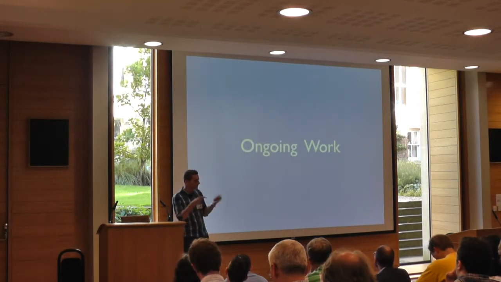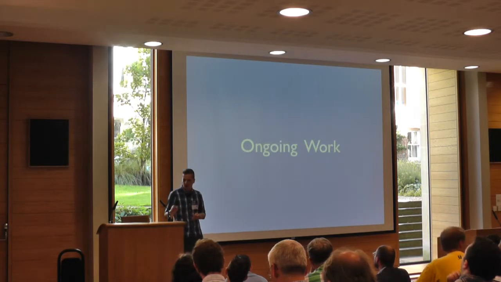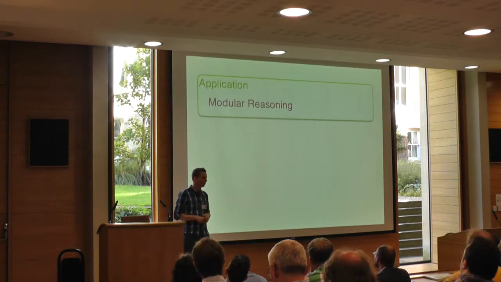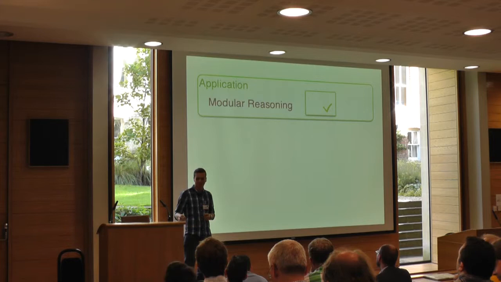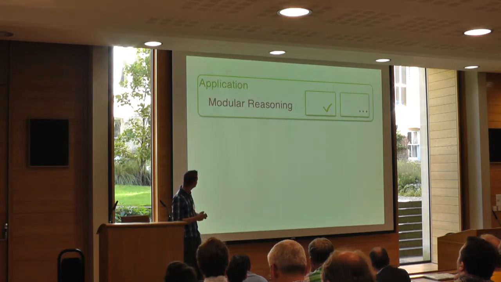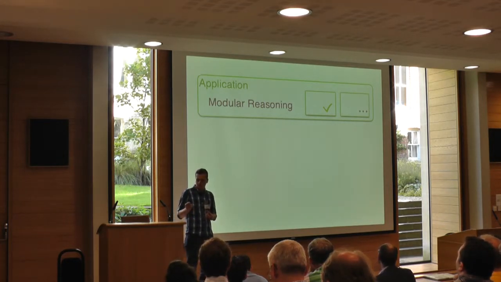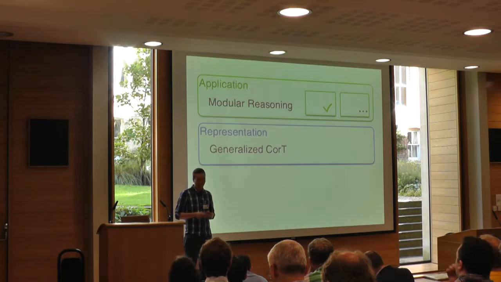So, if we recap, where are we actually going with this? Our application is modular reasoning. We have applied this to perform some proofs, which is nice, and we would like to do some more. But there's also much more work on the representation.